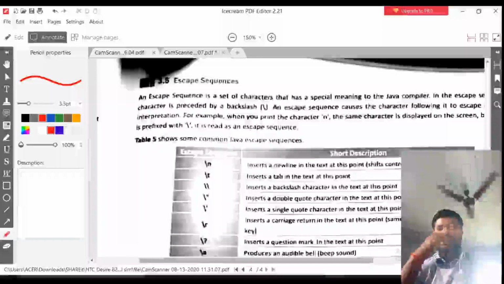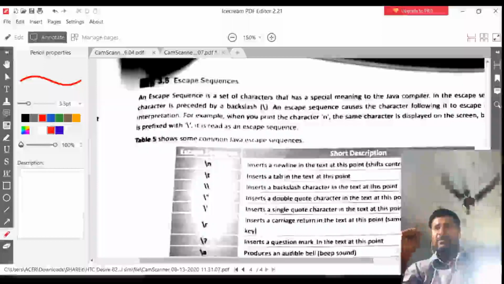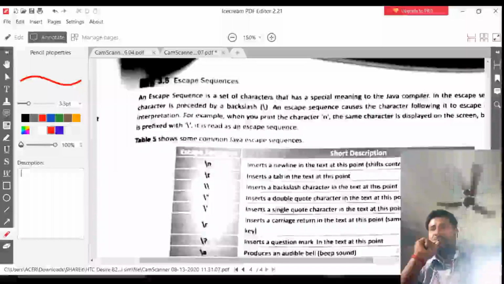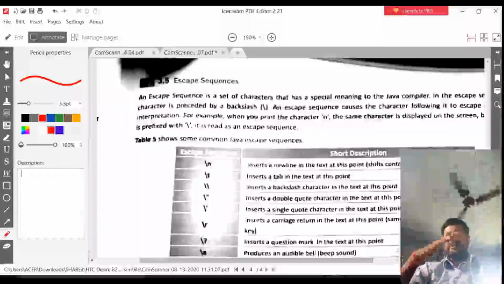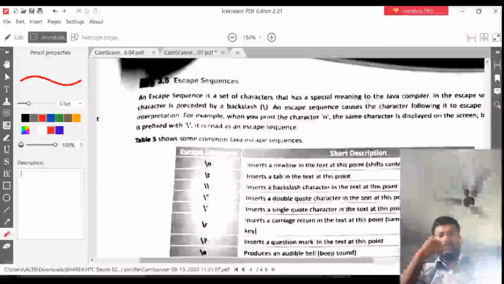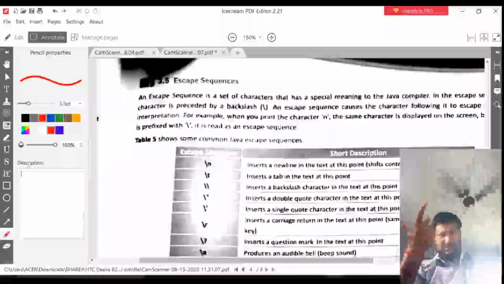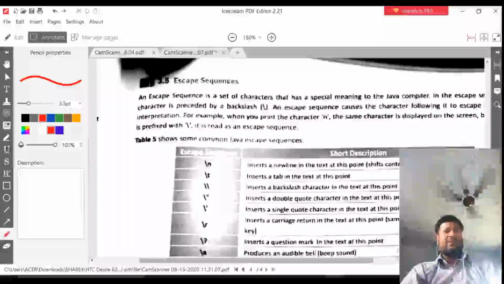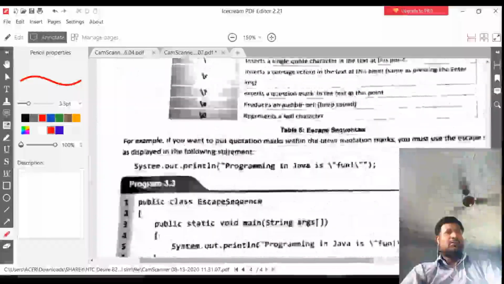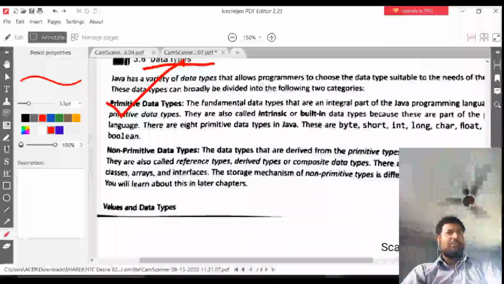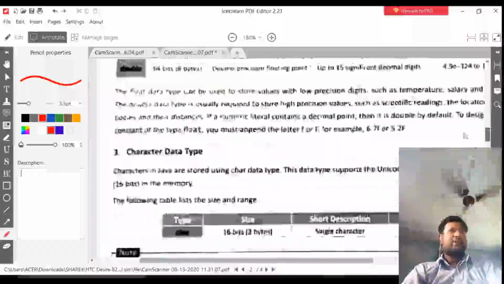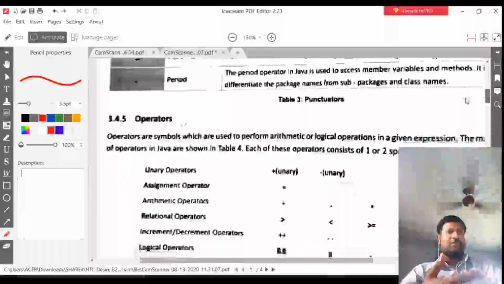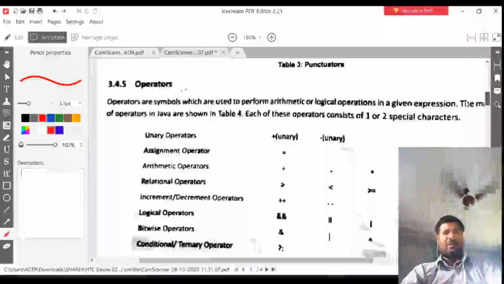If I write backward slash double quotes, then Java understands you want to write double quotes. If you write backward slash single quotes, then Java understands you want to write single quotes. These are some examples of escape sequences. So escape sequence is also completed, data types completed.